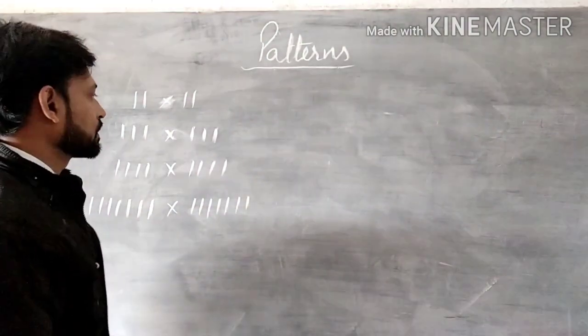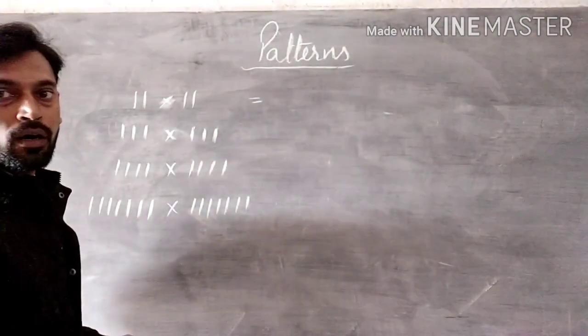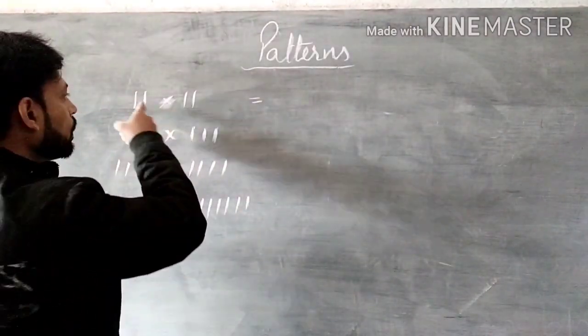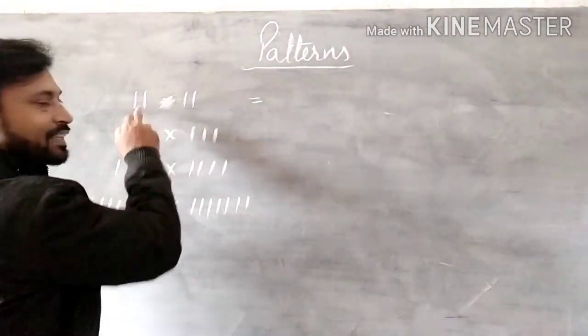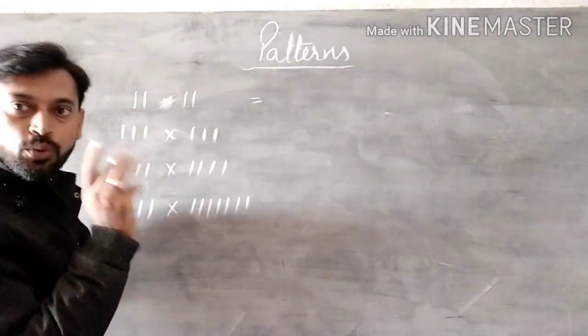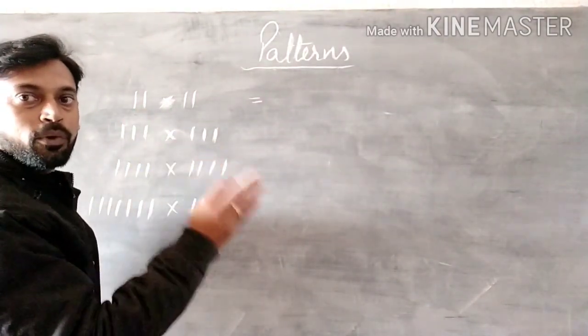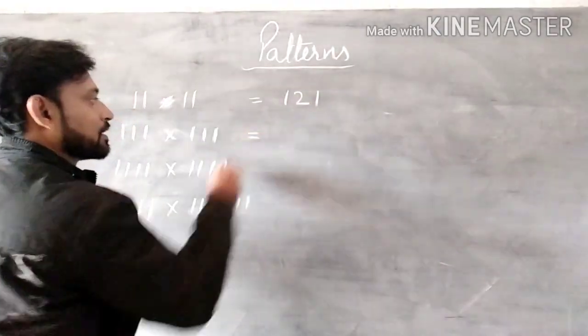In this type of question you can directly find the product. So always remember, you just have to count how many ones there are. So here we have 2 ones. So the middle digit of your product will be 2. So 1, 2, 1. This will be the answer.